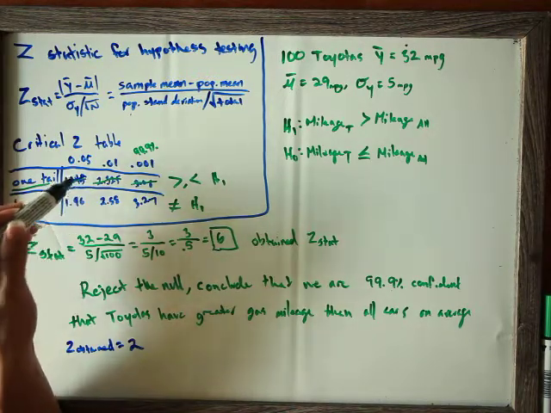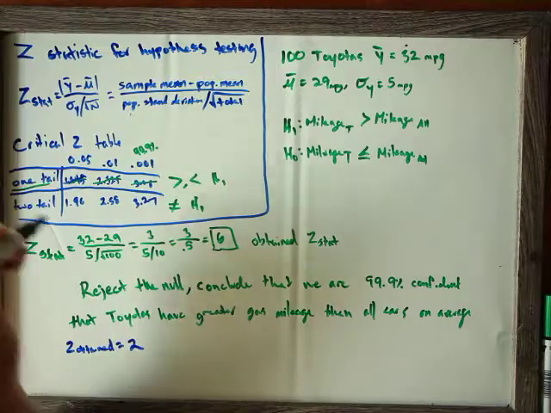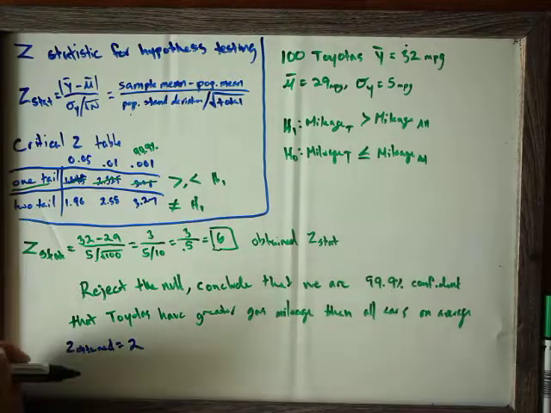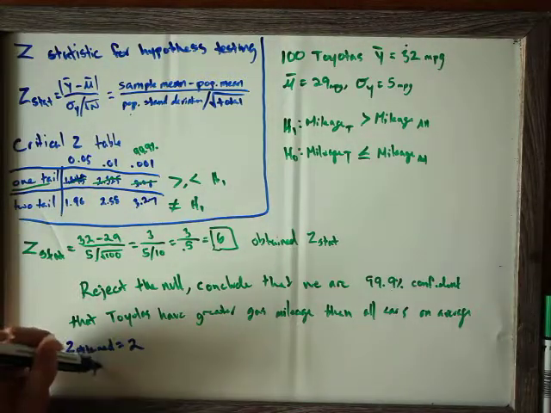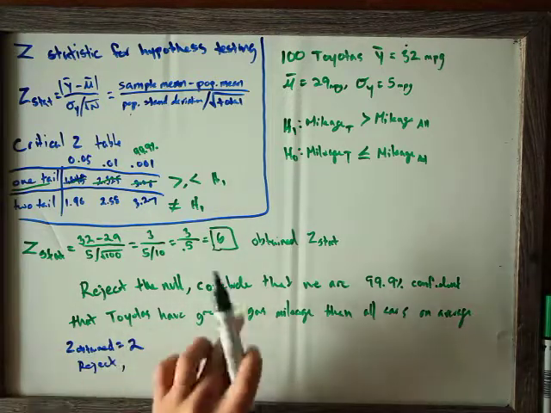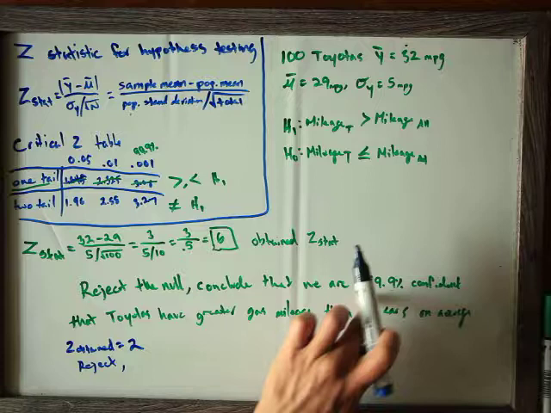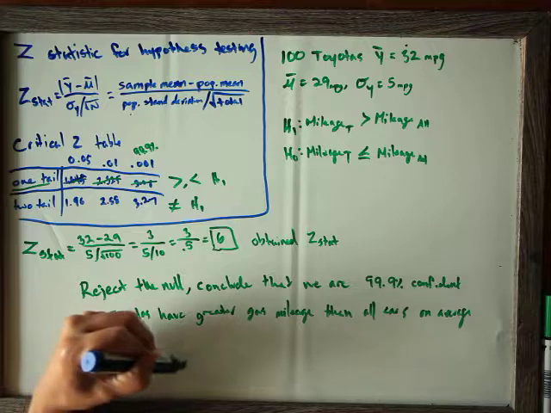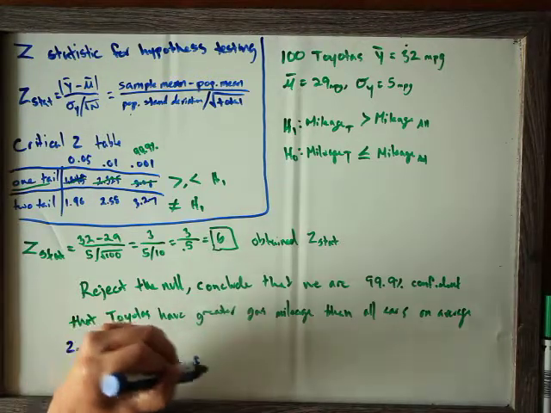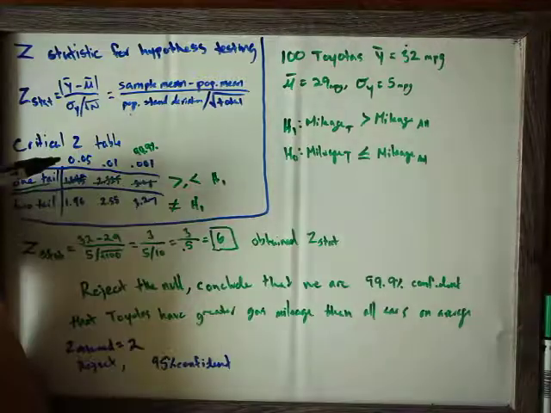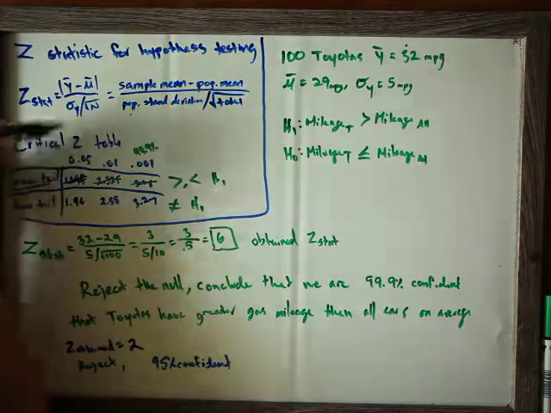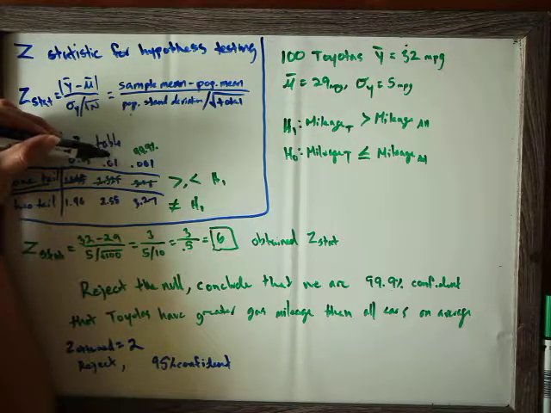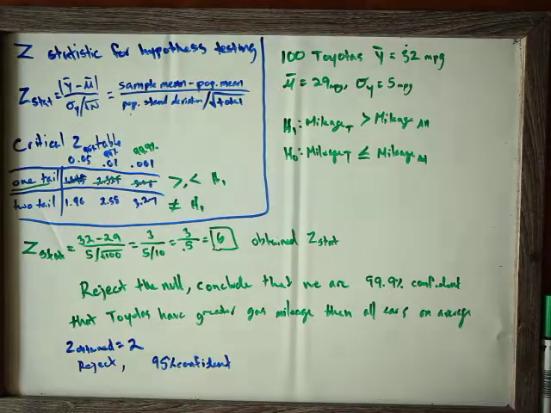No. So we'd have to stop here at an alpha of 0.05. But since our obtained z-statistic is higher than at least one critical value, we still reject the null. However, instead of concluding that we are 99.9% confident that Toyotas have greater gas mileage than all cars on average, we would only be 95% confident, because an alpha of 0.05 corresponds to a 95% confidence level, and a 0.01 alpha is a 99% confidence level.